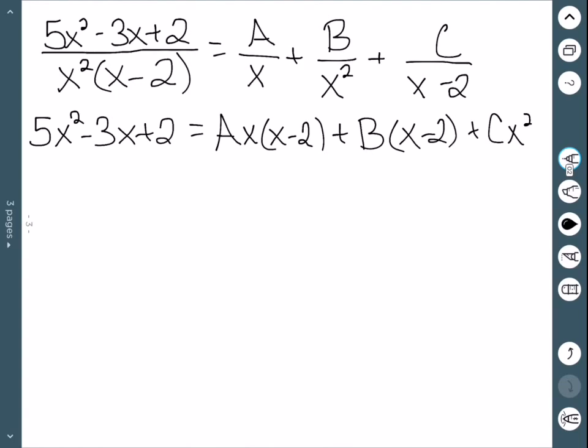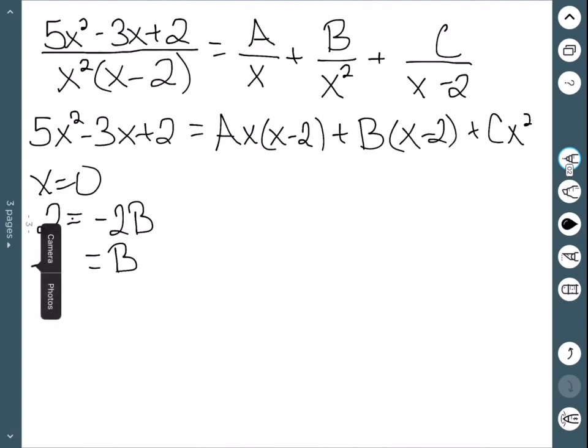We can pick good values for x. 0 is a great one here. The left-hand side becomes 2, and on the right-hand side, the A term and the C term will both go to 0. The B term goes to negative 2B. Therefore, I get B equal to negative 1. I could also let x be equal to 2.